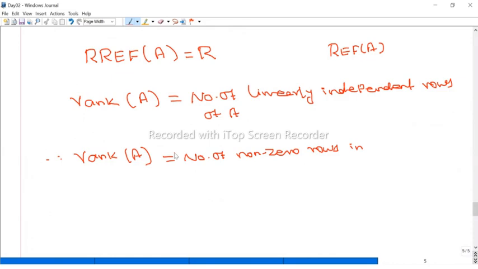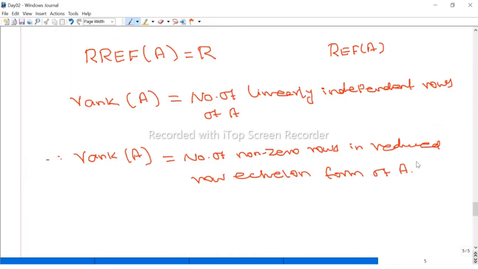Given A, we can find a row echelon form and a row reduced echelon form, usually called REF of A and RREF of A. We take the row reduced echelon form and find the number of non-zero rows in it, and that we define as the rank.